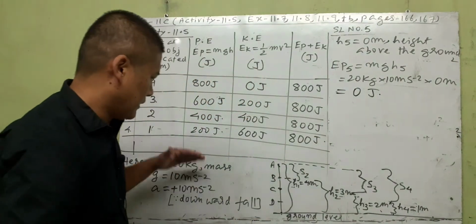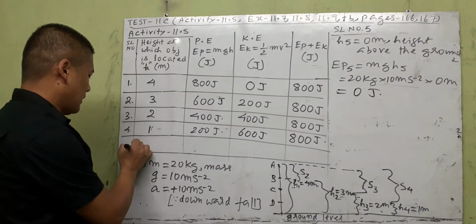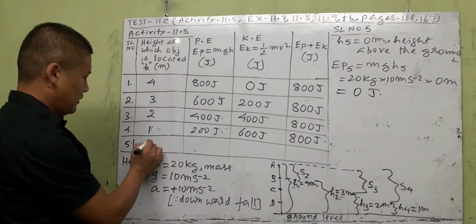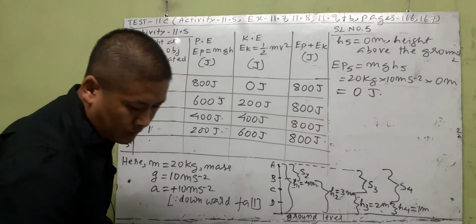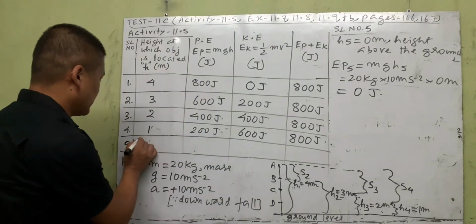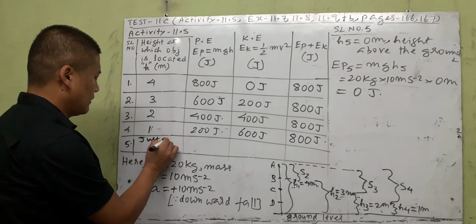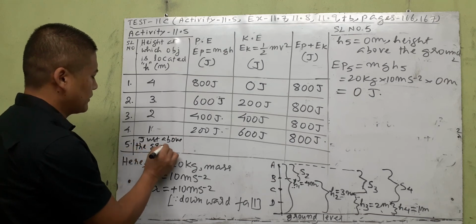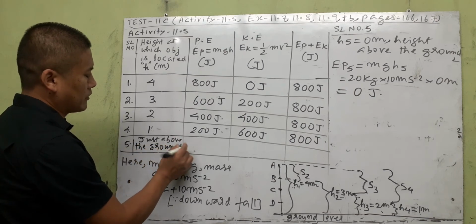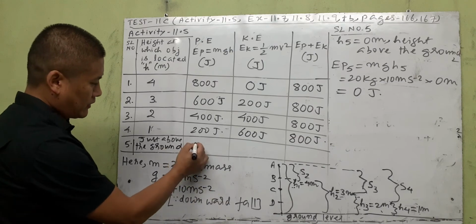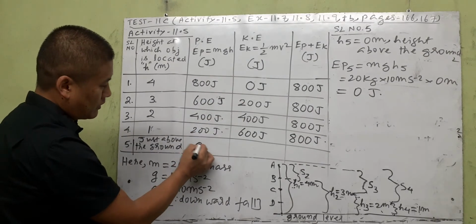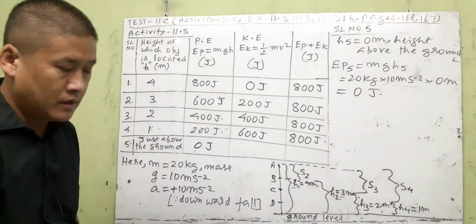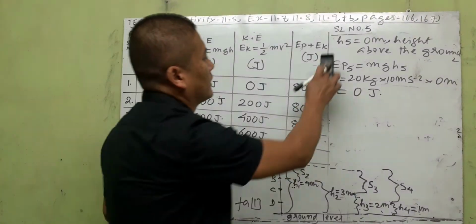So when the object has reached the ground, there is no more. The question is written just above the ground, which means it's already touching the ground, so there is no distance above ground, so energy is coming out 0 joules. We have to calculate the kinetic energy finally.